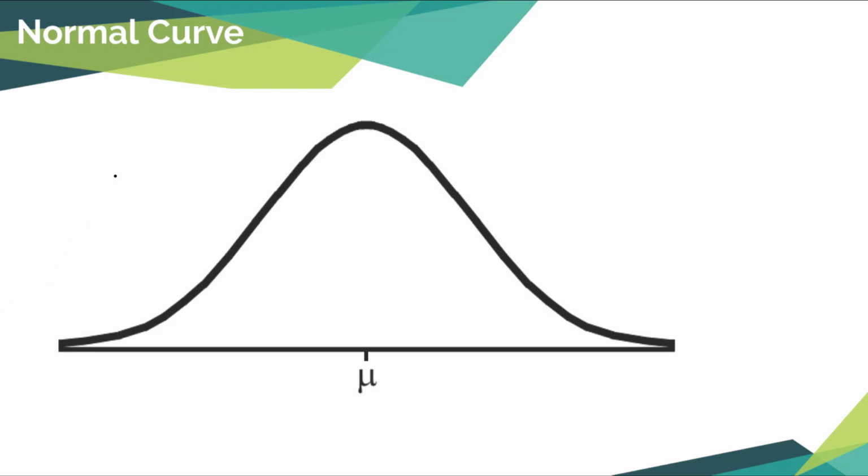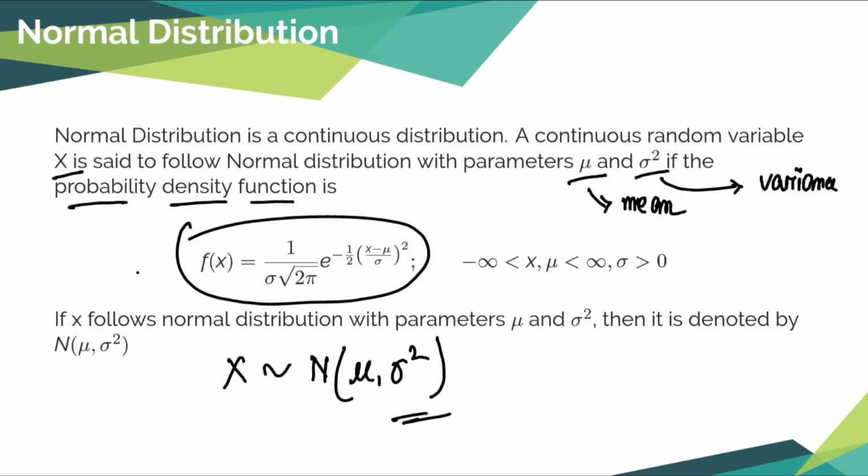Now if I plot a normal probability density function, if I plot this f(x) in an xy curve, along this there will be the value of x, right? Because x can range from minus infinity to infinity.